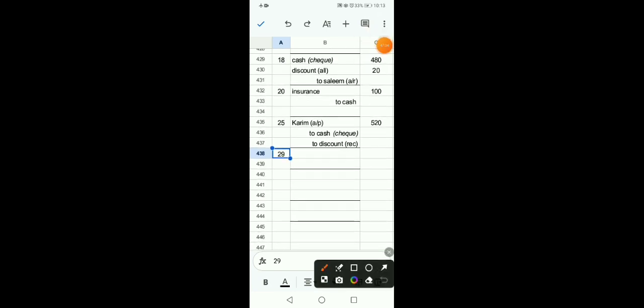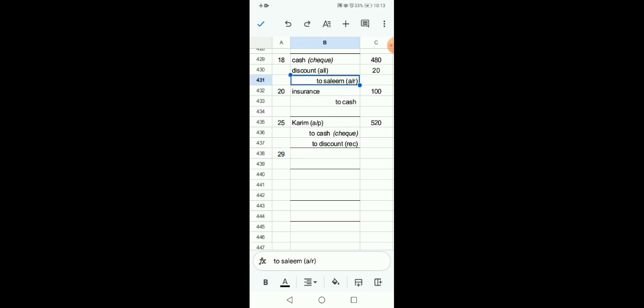Let's start it. You have received a check at first step from Salim, and then you have endorsed the same check to whom? Kareem. Where will Kareem go? Kareem will present this check to the bank, and from the bank he would try to withdraw the amount from the bank account of Salim, as you have received this check from Salim.